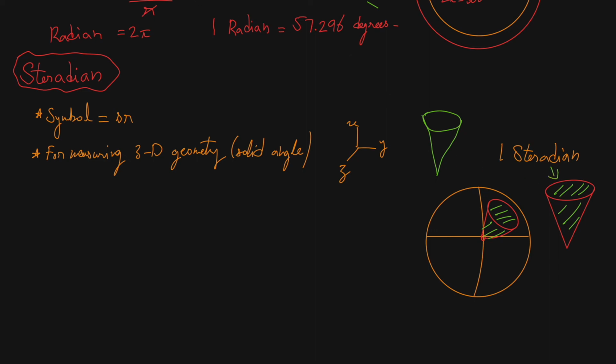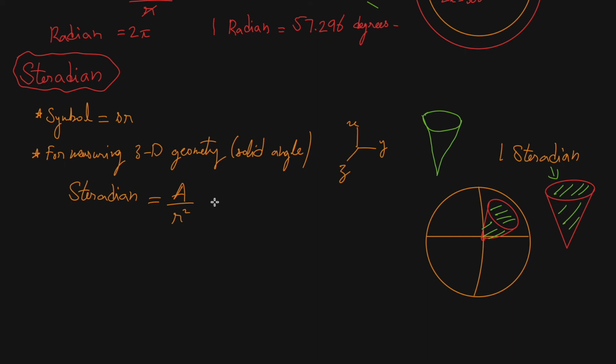So the equation for the steradian is given by Ω equal to A over R squared, where A is the area of the surface of the sphere, and it should be equal to R squared. Now, for example, we are trying to figure out how many steradians it will take to make a full sphere.